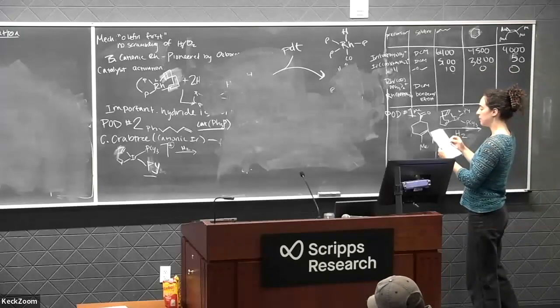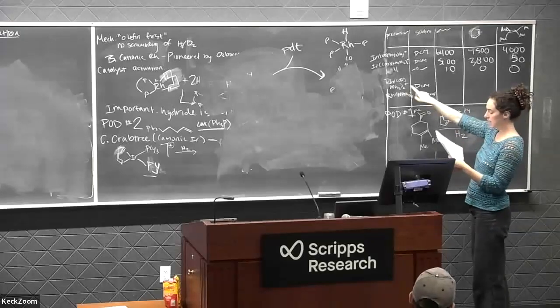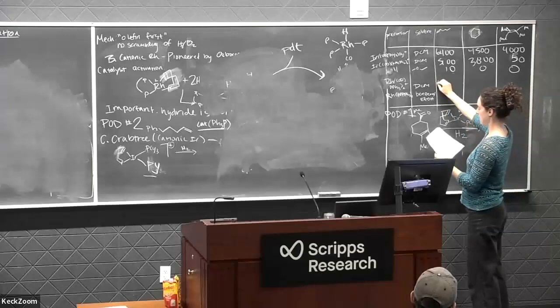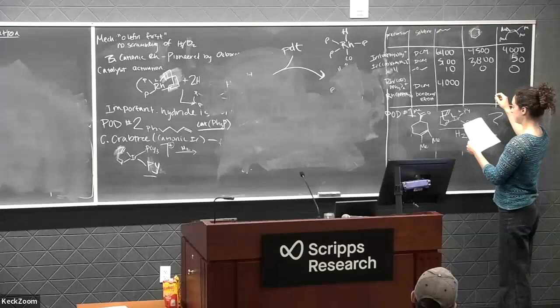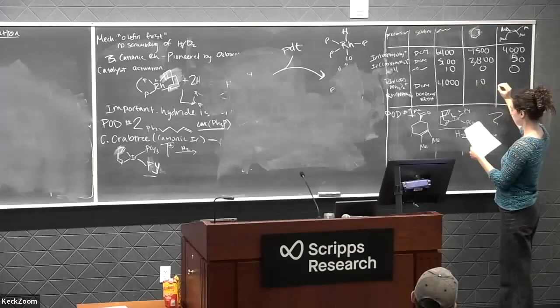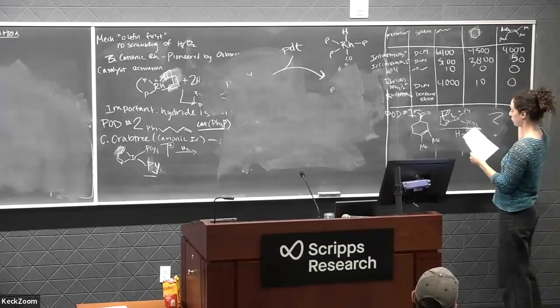And then to demonstrate this with the cationic rhodium complex in DCM, it gives 4,000 turnovers for 1-hexene, 10 turnovers for cyclohexene, and no turnovers for the tetrasubstituted olefin.